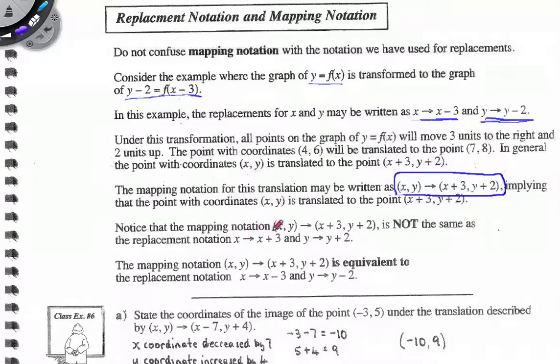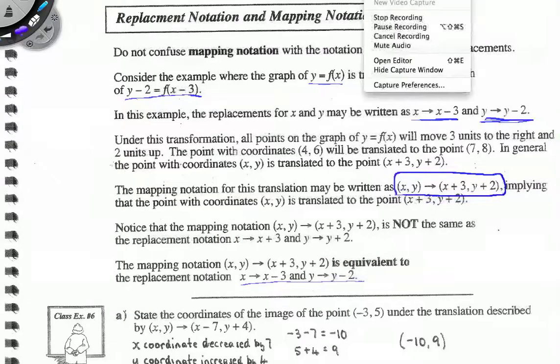Notice that mapping notation here is not the same as replacement notation. Similar, but slightly different. Mapping notation, (x, y) goes to (x plus 3, y plus 2), is equivalent to the replacement notation. A little bit of semantics there, but important to know.